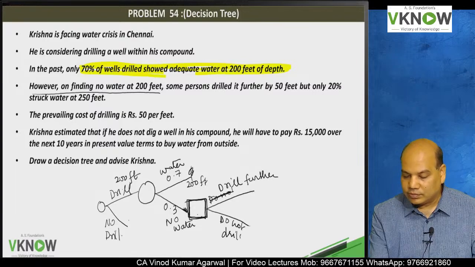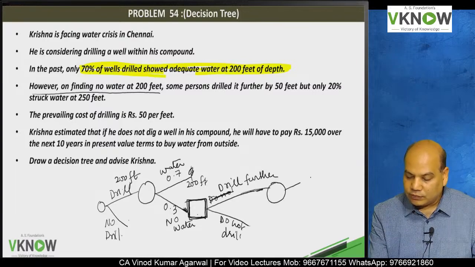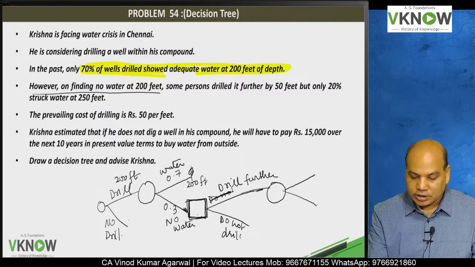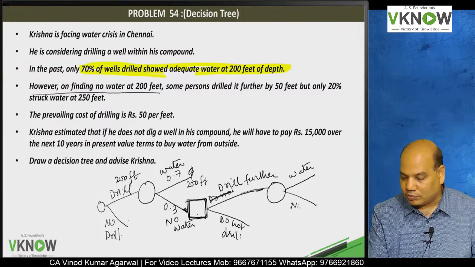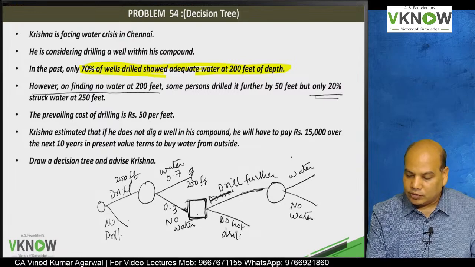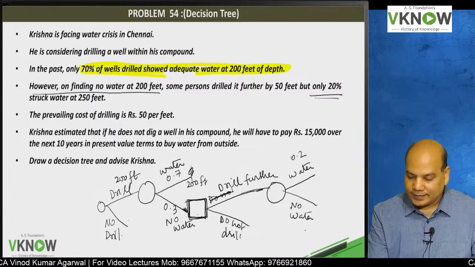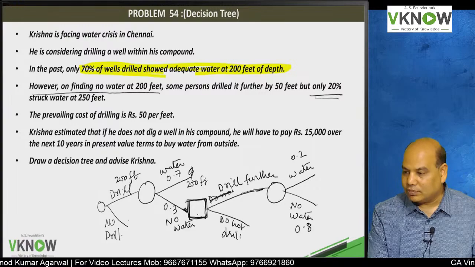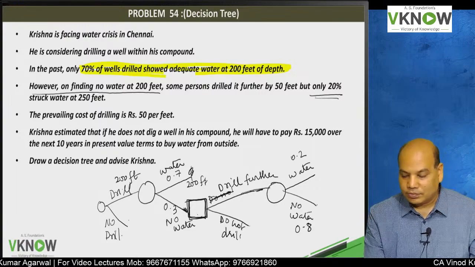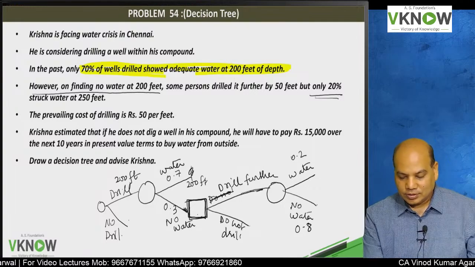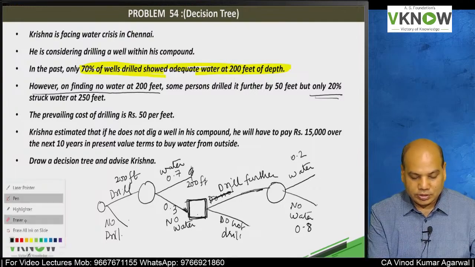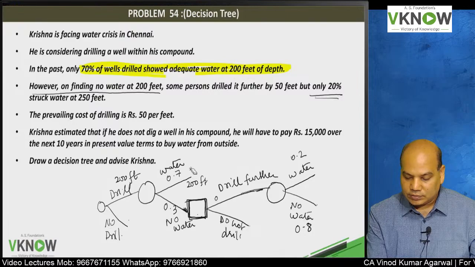If you drill further 50 feet, again there are 2 possibilities. You may get water and you may not get water. You will get water has only 0.2 probability, which means you may not get water after drilling further has 0.8 probability.